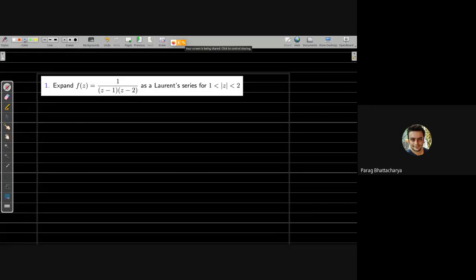So in such problems, we use the following results for geometric series.